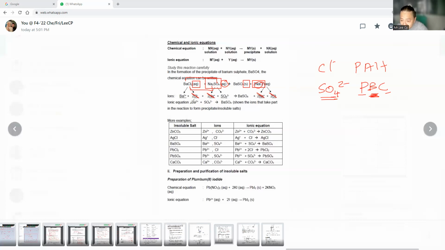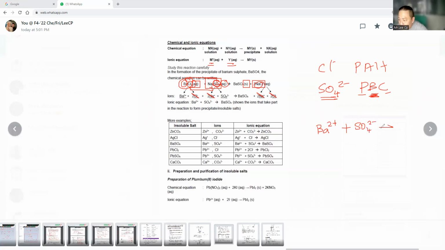So the ionic equation will be, first one, Ba2+, plus the ionic equation, why SO4? SO4 2-. Cl is with Na and Cl.